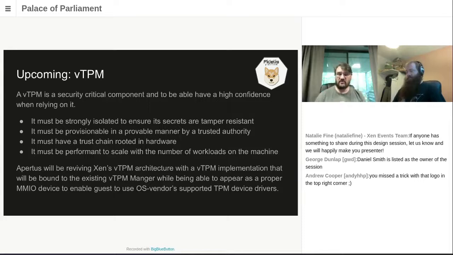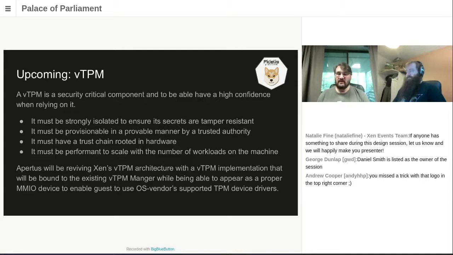Another one of them is to be able to properly provision in a provable manner, so that you can have trust, the root of trust for reporting. You know that the integrity reports coming out of the TPM are being signed by, or the signature can't be tampered with and spoofed in any manner.